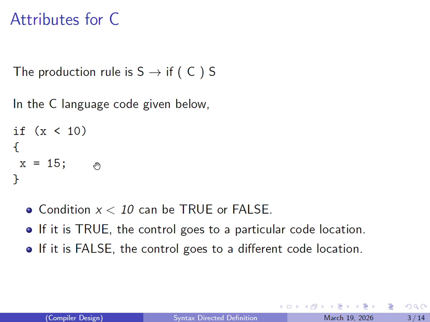It can return either true or false. If it is true, the control will go to a particular code location where it will do x is equal to 15. If it is false, the control will not go inside the curly brackets, but will go to a different code location, which is just below the curly bracket.